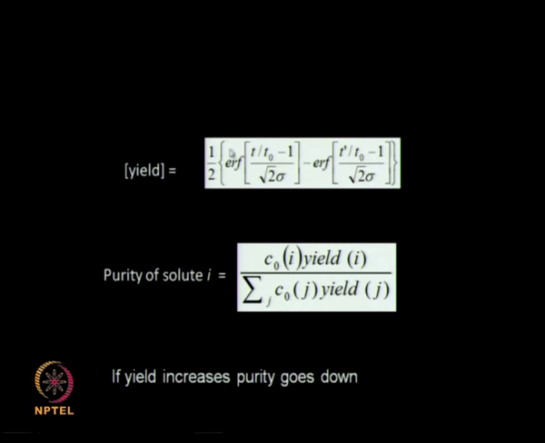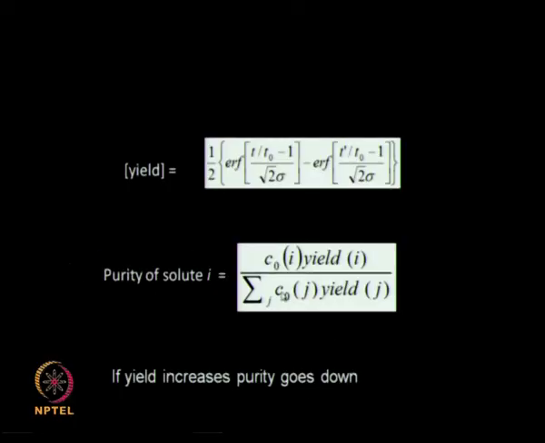So in the previous problem, we can calculate sigma for the protein, we can calculate sigma for the impurity, and then we can use this equation to calculate the yield of the protein, and we can use this equation to calculate the yield of the impurity if I am collecting a sample between t dash and t.